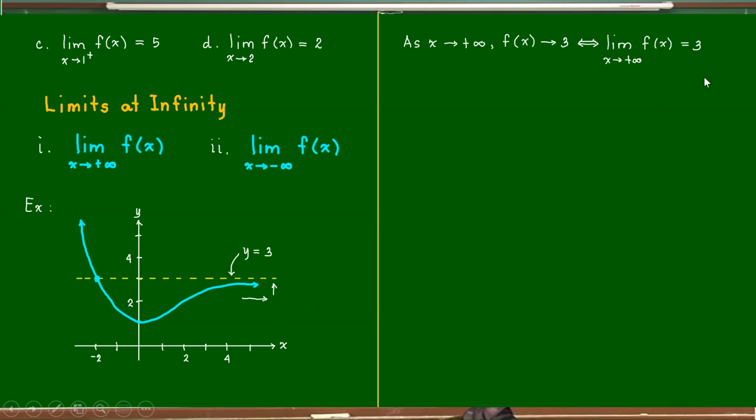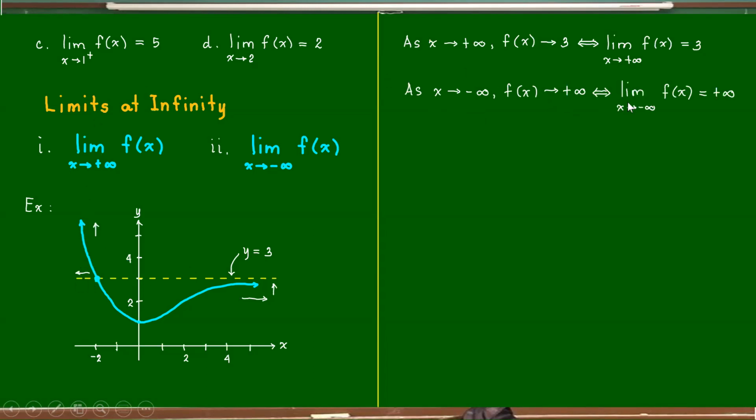Okay? Now what about if x goes to the left? As x goes to the left, what is happening to the function values of f of x? The f of x values get bigger and bigger without end. The values go up. So as x approaches negative infinity, going in the left direction without bound, f of x keeps growing.